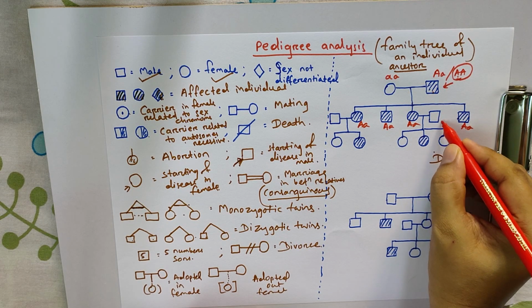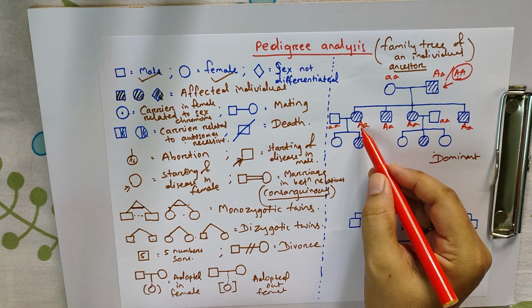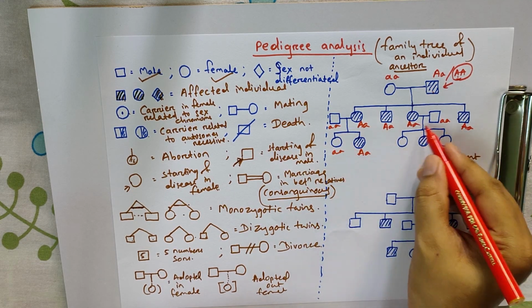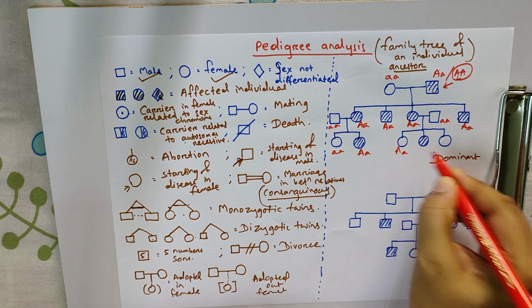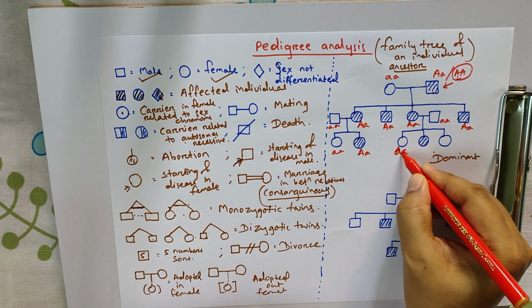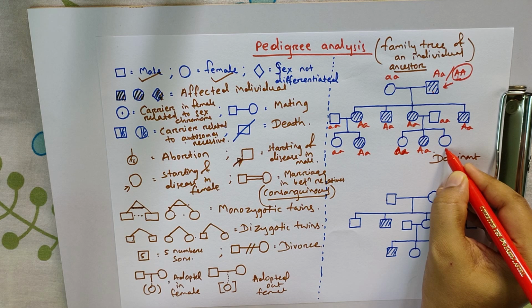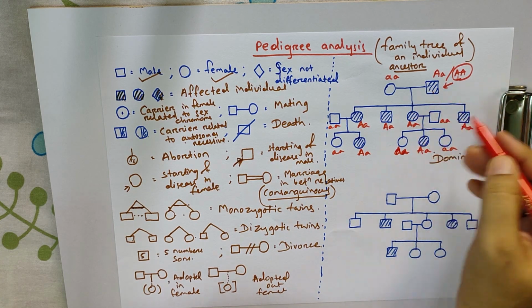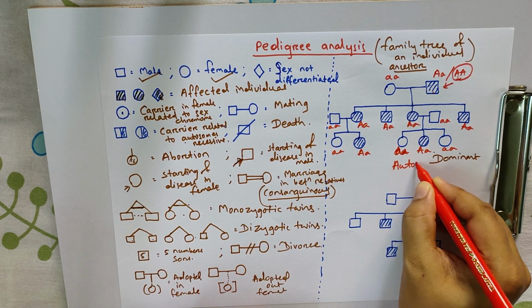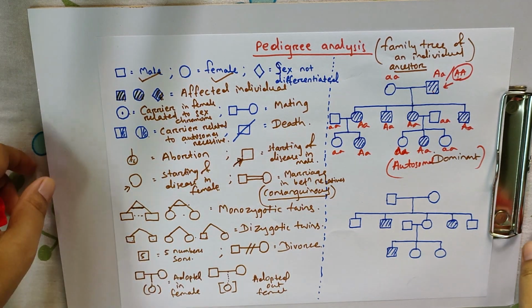Those not affected are small a small a. That means it is autosomal dominant. In this way we solve the problems.